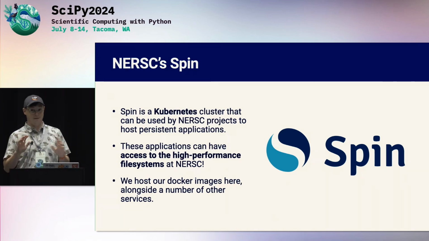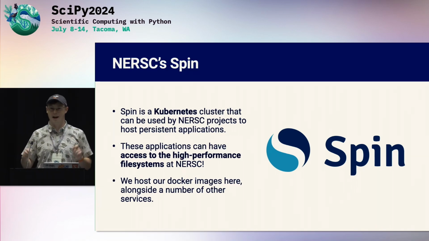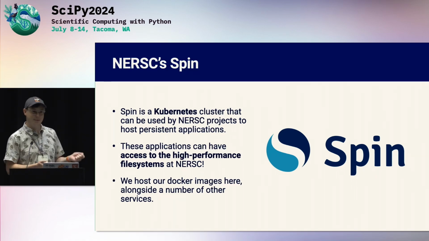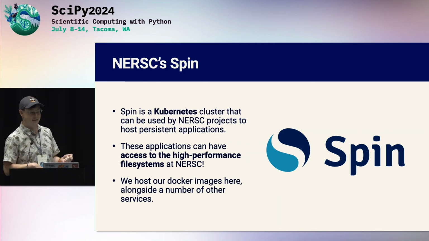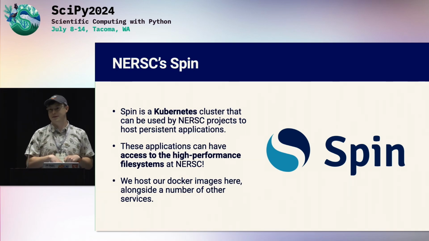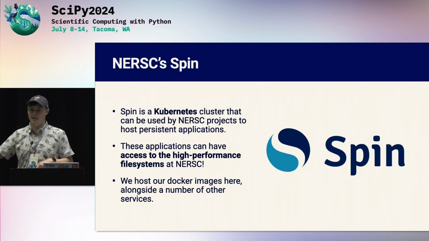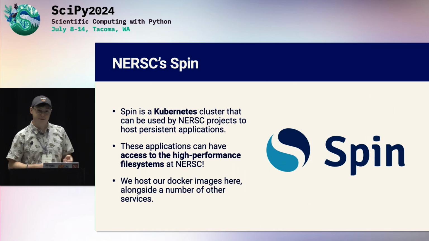So this is kind of a new thing to the academic landscape of like, oh, I can have a thing that runs all of the time. Now, I know in the commercial landscape this is a very common thing, but for us, this is relatively new. And the neat thing about Spin is that you can have access to those same high-performance file systems from your persistent services that you would use from the HPC nodes. So that gives us a little in here.